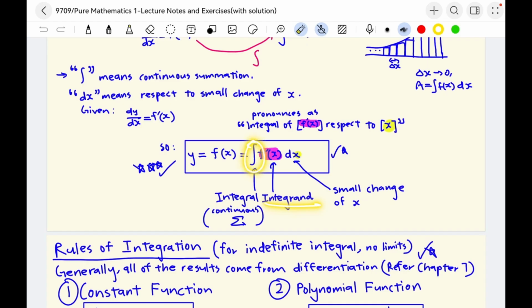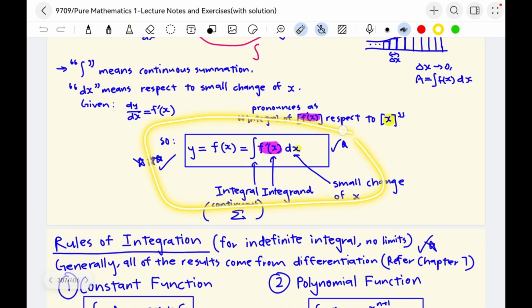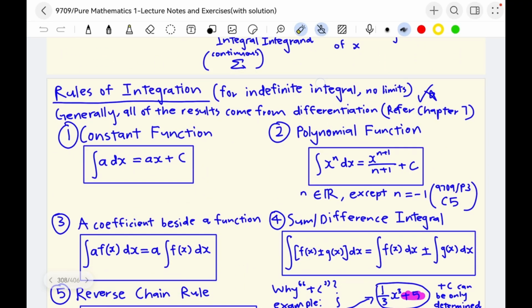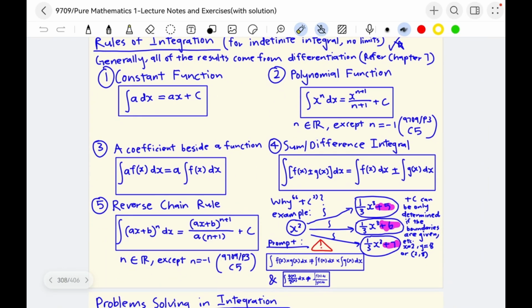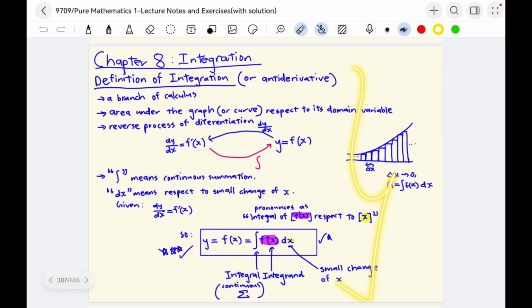Long S, of course, I have explained over here, refers to continuous summation. dx is the small change of x. Okay, so for the calculus students, please get familiarized with it. Okay, that is just a basic introduction about integration.